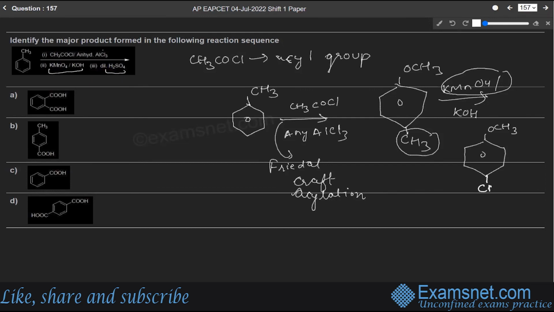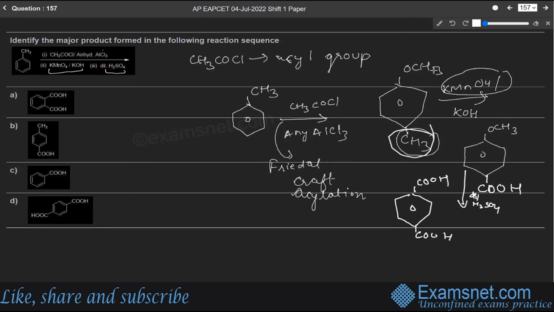CH3 would come, COOH would be there, right? For this, I told you, when there is KMnO4, there will be a COOH. And then they have asked for dilute H2SO4. So this ether would get converted again to the carboxylic acid, and you will get the answer in this way. One COOH here and the other COOH here.